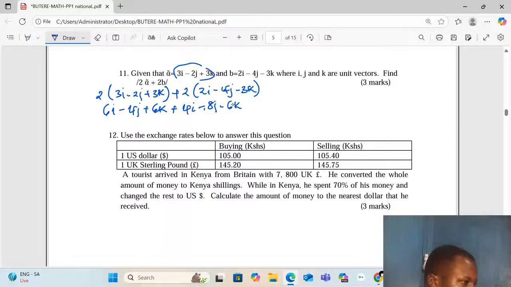You can see the negative 6k, when you add to 6k, you get 0. So we remain with the i and j, so that we have 10i minus 12j.